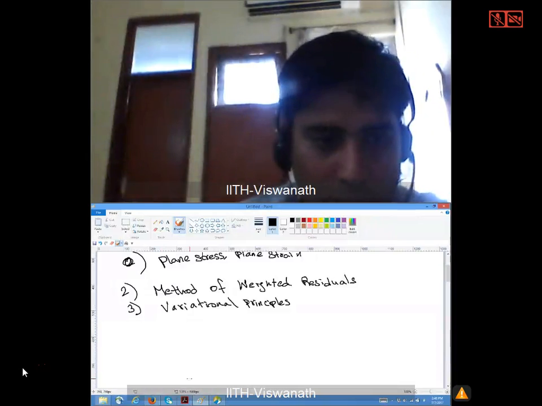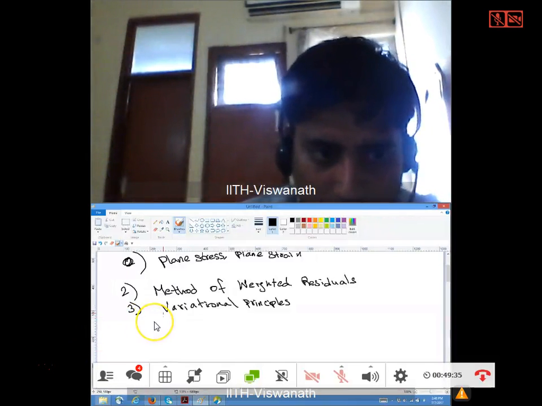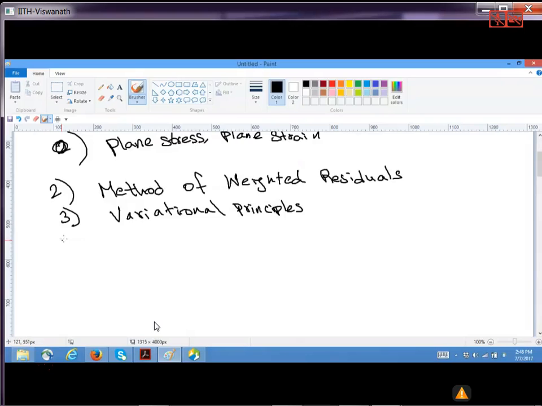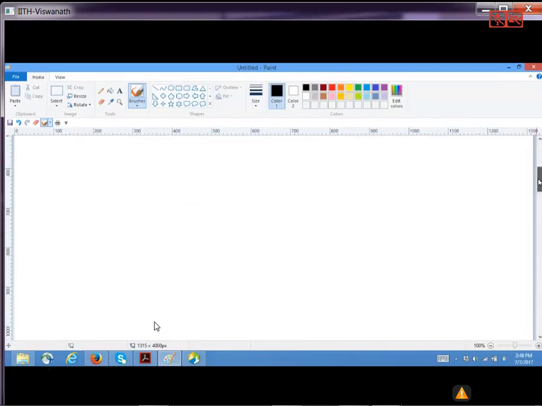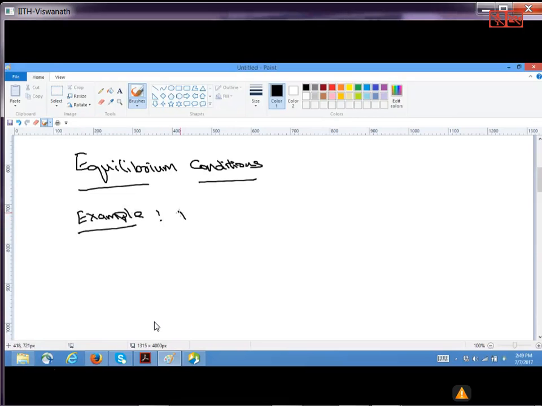So first thing is equilibrium. So let me use an example of a bar to describe the equilibrium conditions. The first one, let's consider a simpler 1D example of a bar.